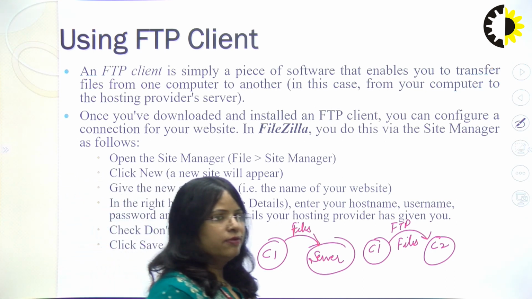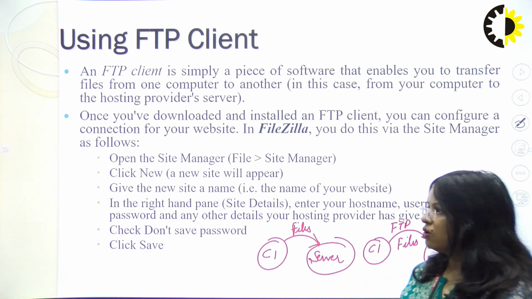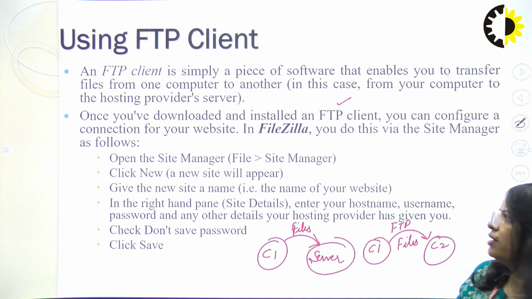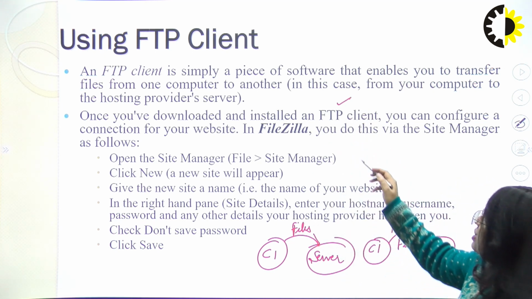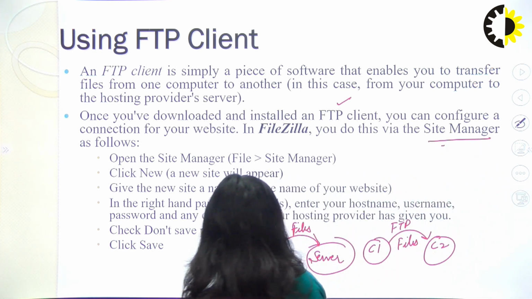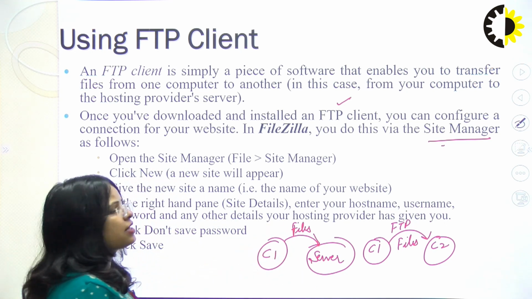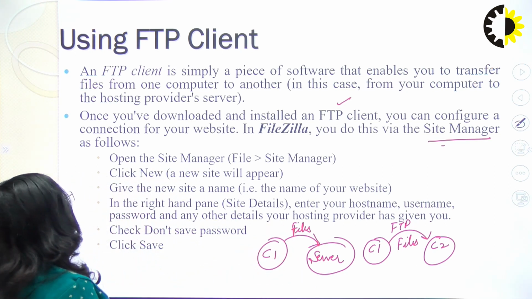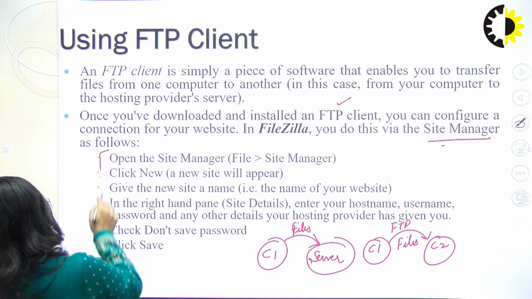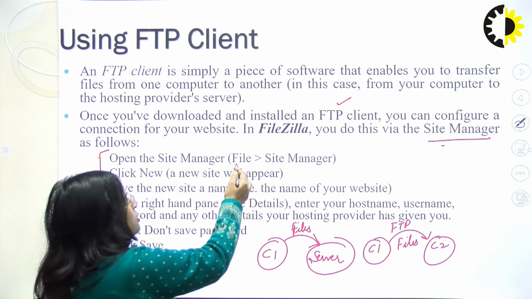When you have downloaded and installed an FTP client, you can create a connection for your website. In FileZilla you do this via the site manager. You can upload your files from your computer to the server using the site manager, and the procedure is as follows. First, open the site manager, click on file.